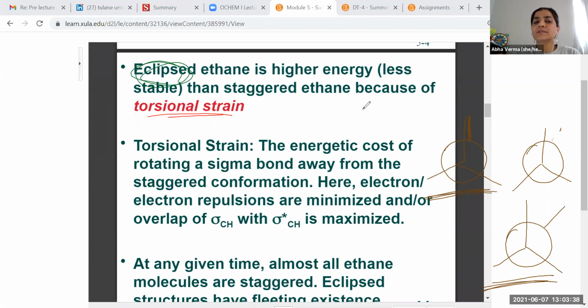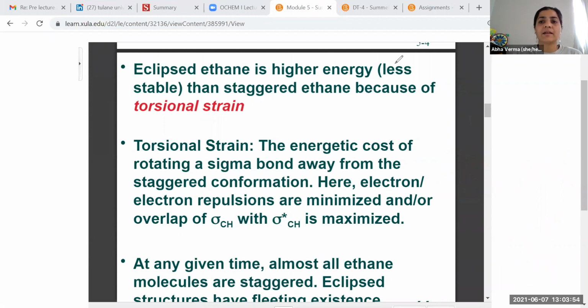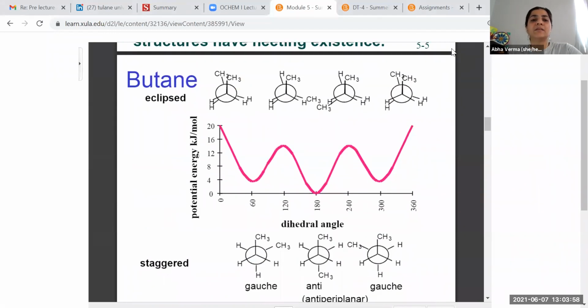We count torsional strain as highest when it is in the eclipsed form. So whenever you see any eclipsed structure, you have to say that this conformation has a torsional strain. Now, besides this torsional strain, in butane, we see a steric strain or the spatial strain.